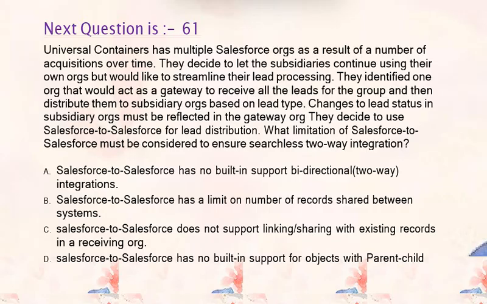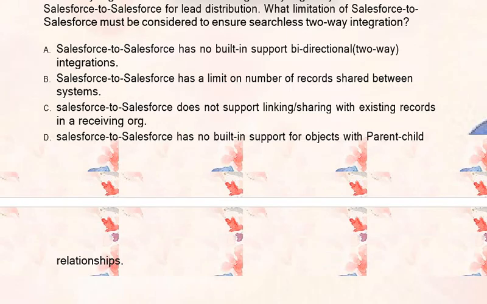Option C Salesforce to Salesforce does not support linking or sharing with existing records in a receiving org. Option D Salesforce to Salesforce has no built-in support for objects with parent-child relationships. Correct answer is option D.